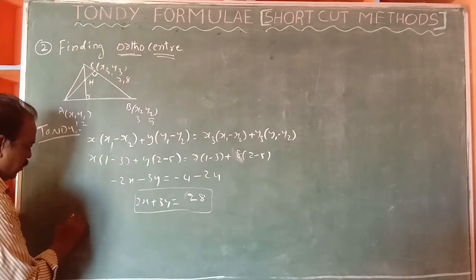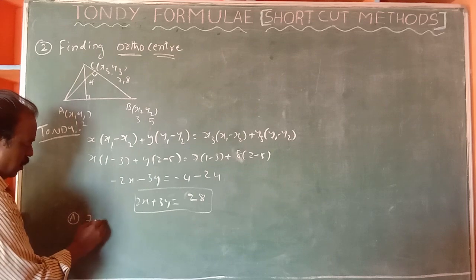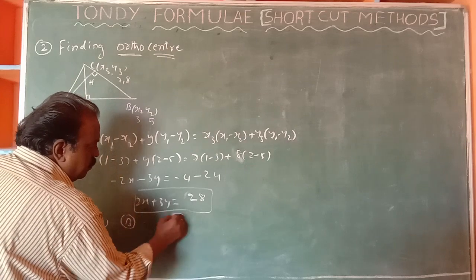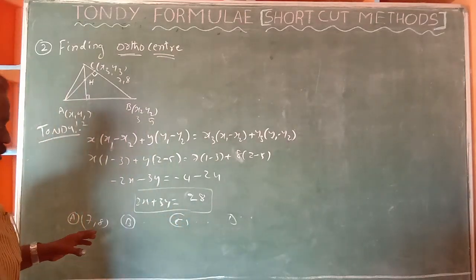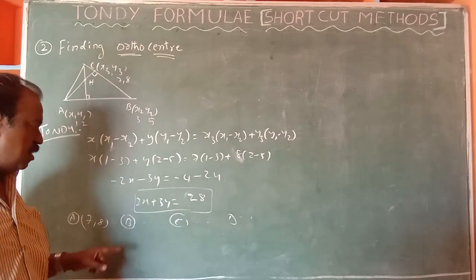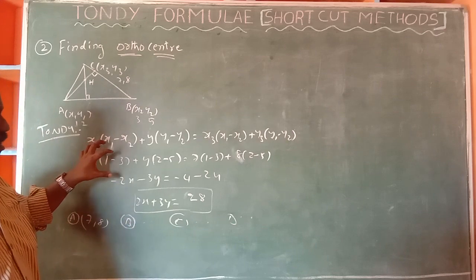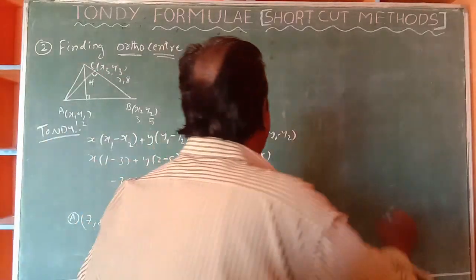Suppose the options are like this: first option is some (7, 8), B option something, C option something, and D option something. Out of these 4 options, the one which satisfies this equation is the orthocenter. In such a manner, we have to solve it. I am giving you an example only, but perfectly we will solve one problem.